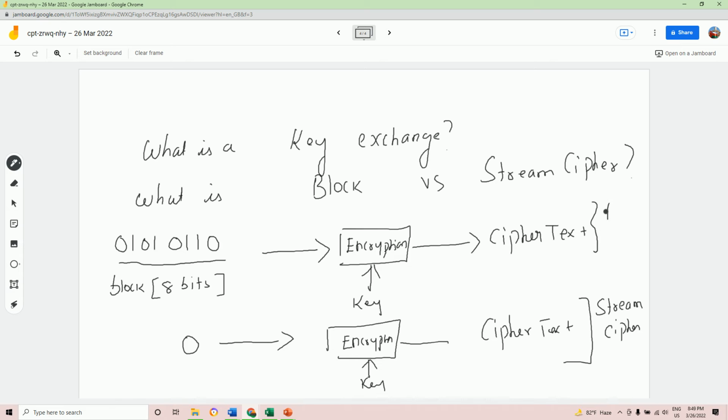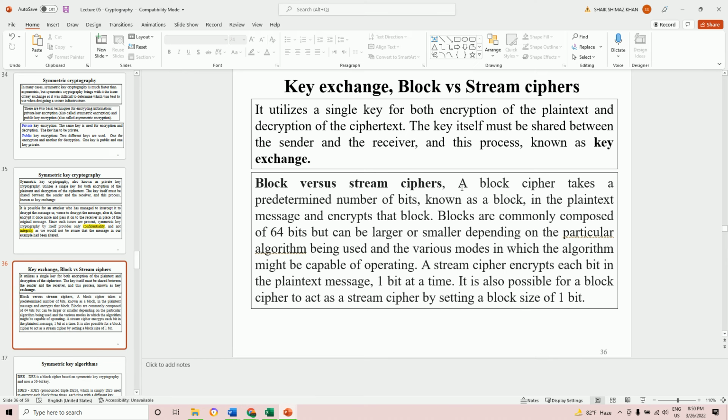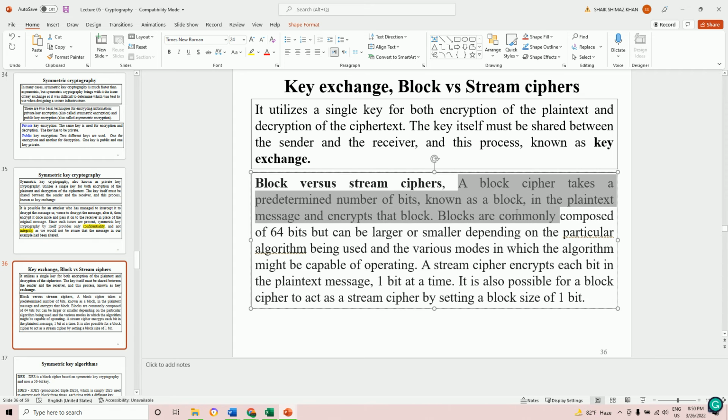This is called block cipher. You can see group of bits together, they are encrypted. This is block cipher. Here if you encrypt bit by bit, one bit at a time, then it is stream cipher.